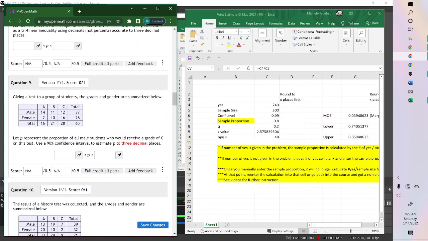Number 9, giving a test to a group of students. The grades and gender are summarized below. Let P represent the proportion of all male students who would receive a grade of C on the test.